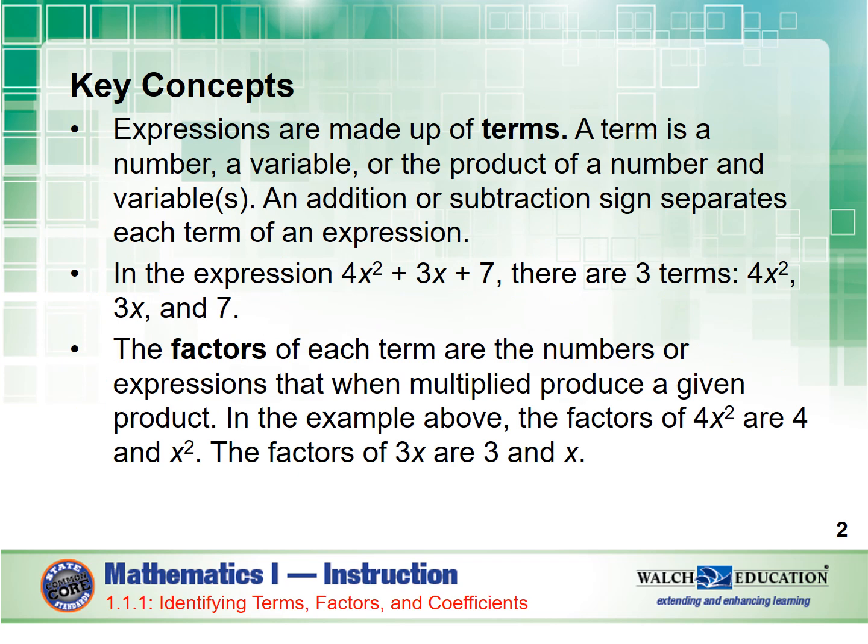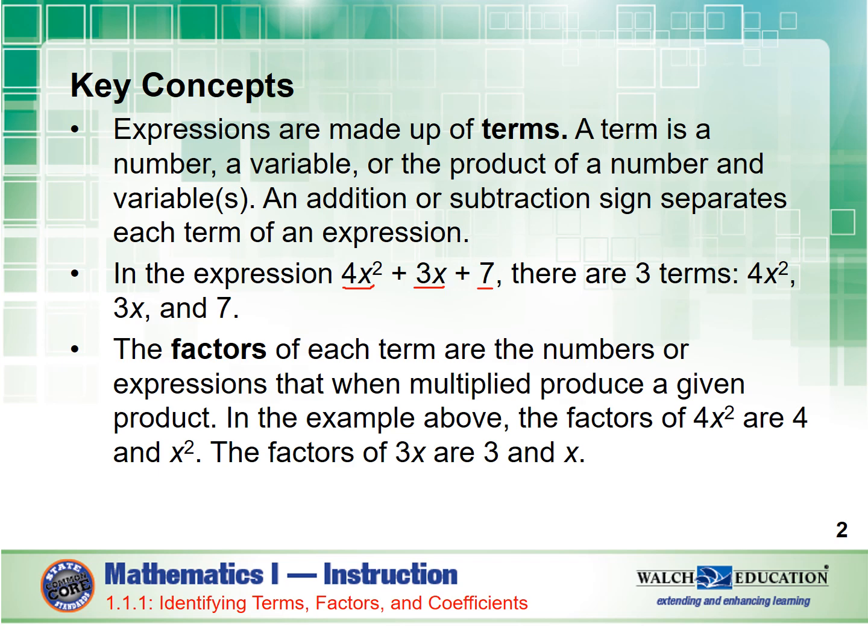So expressions are made up of terms. A term is a number, a variable, or the product of a number and variables. And an addition or a subtraction sign separates each term of any expression. So there's an expression, 4x squared plus 3x plus 7.